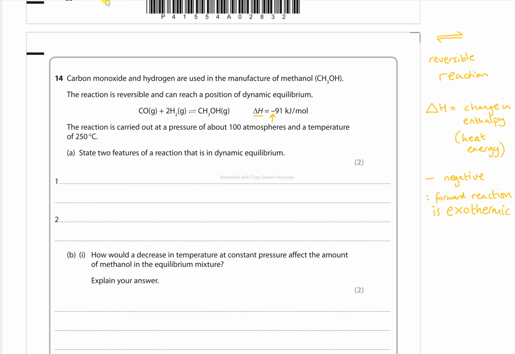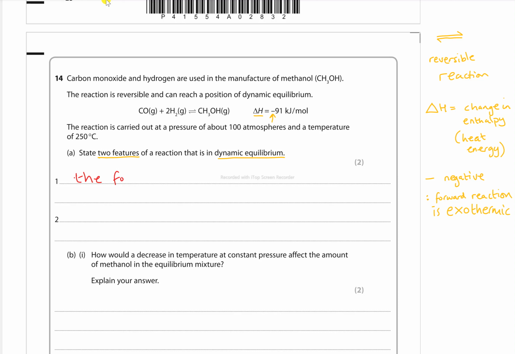So we need to state two features of a dynamic equilibrium reaction. Right, there's a few things that we need to learn. If we learn all of them, it's fine. We'll write all three down.